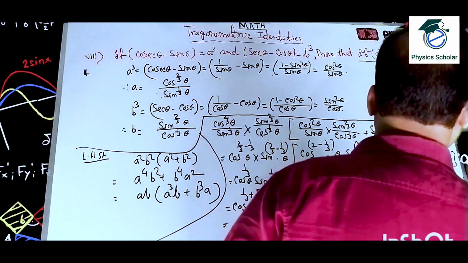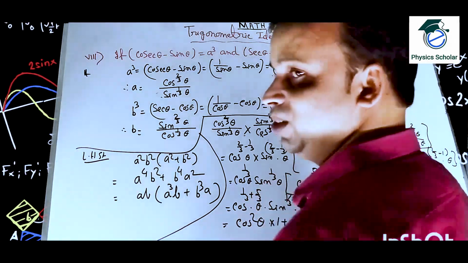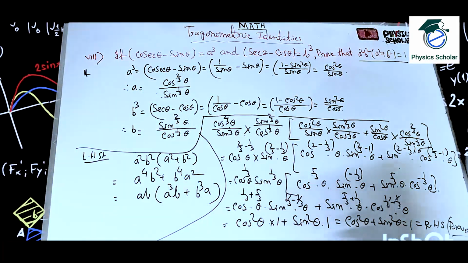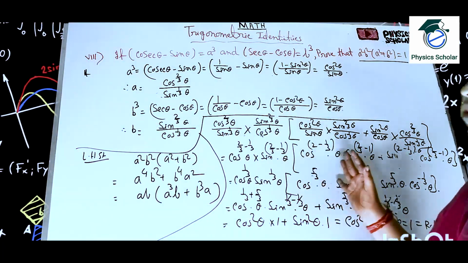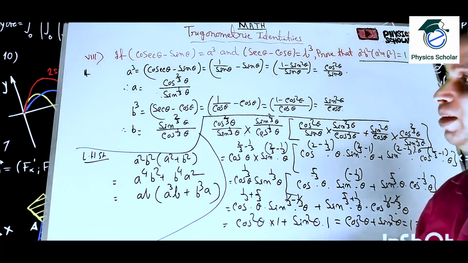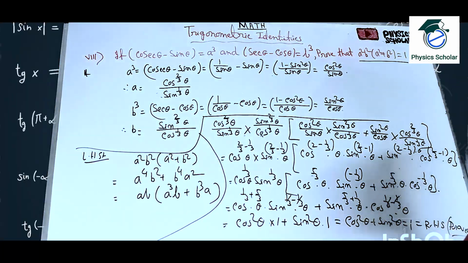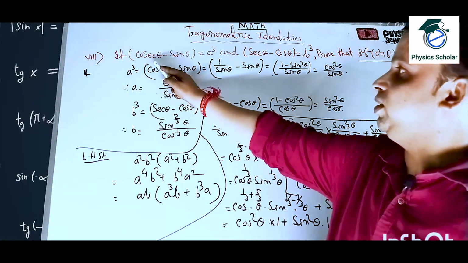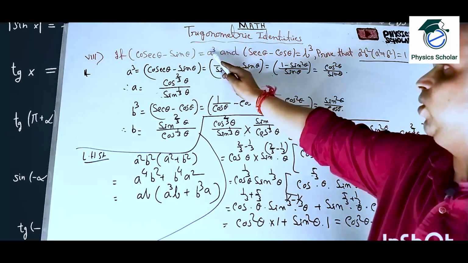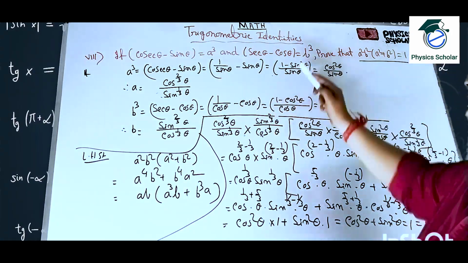Proved. So students, you have understood this sum. Only you have to keep your brain cool, otherwise you will make mistakes. Clear? So how to do this sum? cosec θ minus sin θ is equal to a cube and sec θ minus cos θ is equal to b cube.